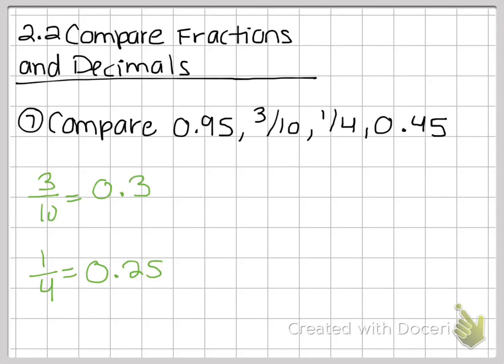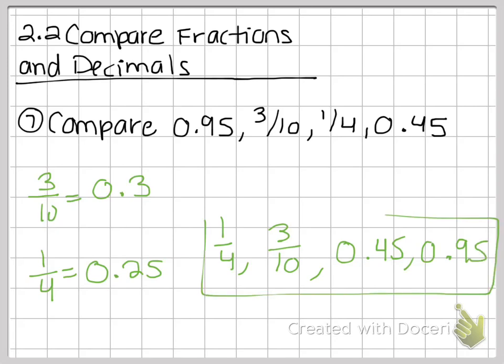So 1/4, 3/10, and then we've got 0 and 45 hundredths and 0 and 95 hundredths, ordered from least to greatest. Again, changing my fractions to decimals, I like doing that more, so I'm going to do it that way. And I would strongly suggest you do the same.